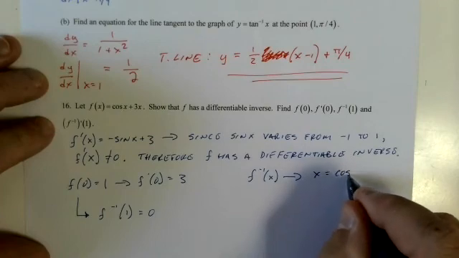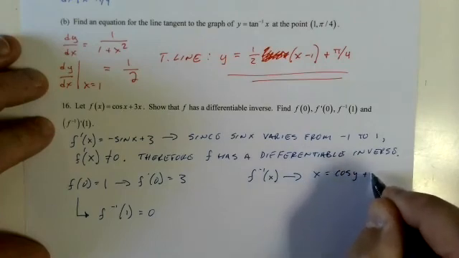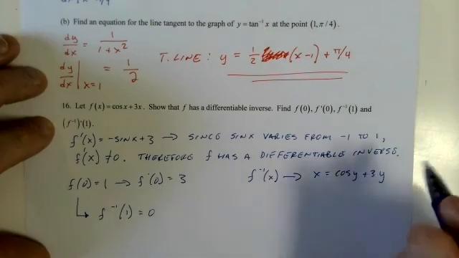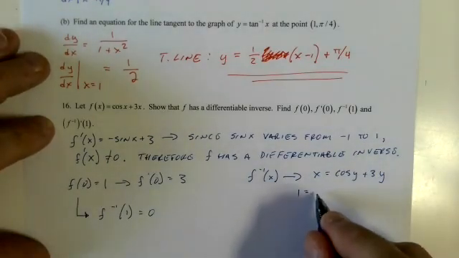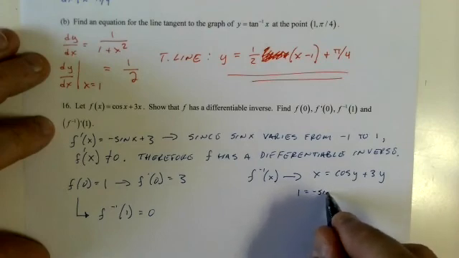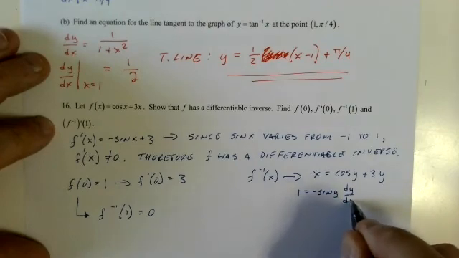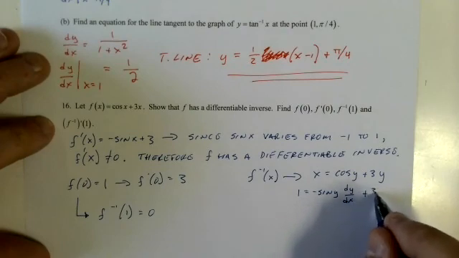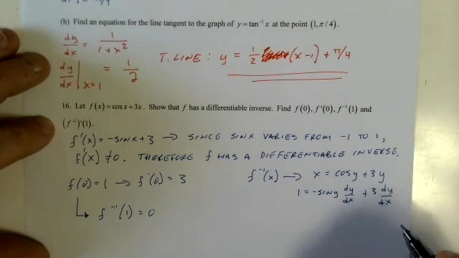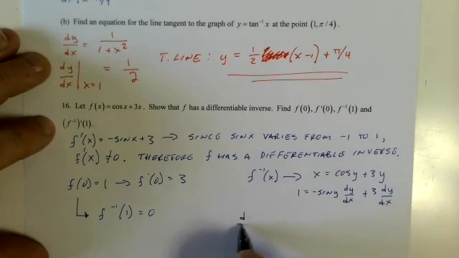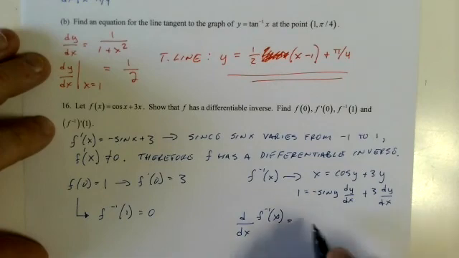X equals cosine of y plus 3y. We would have to do this implicitly. 1 equals negative sine of y dy dx plus 3 dy dx. So the derivative of the inverse equals 1 over 3 minus sine of y.